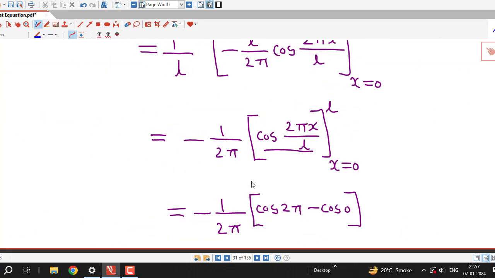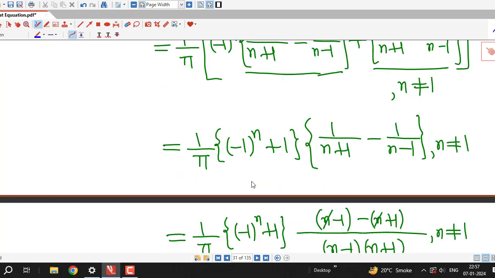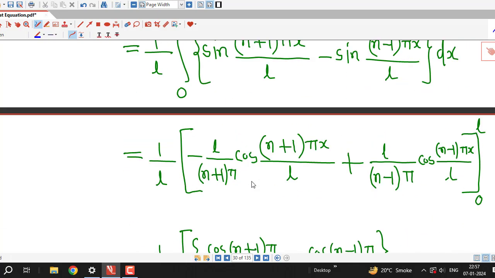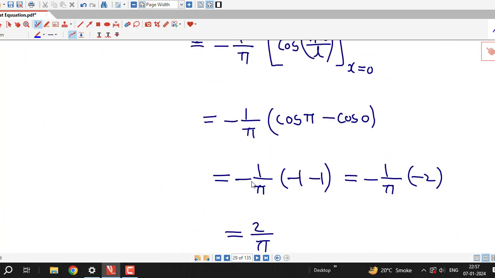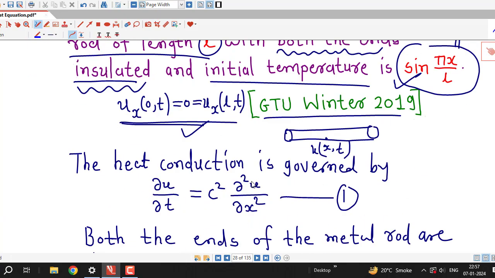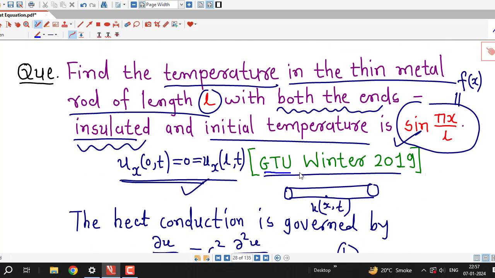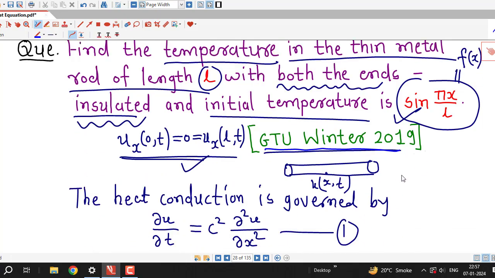So in this way we can easily solve this type of problems, and they are asking this type of problems in GTU exams. This question was also asked in GTU Winter 2019 exam.